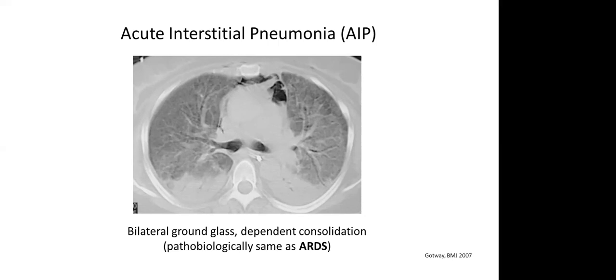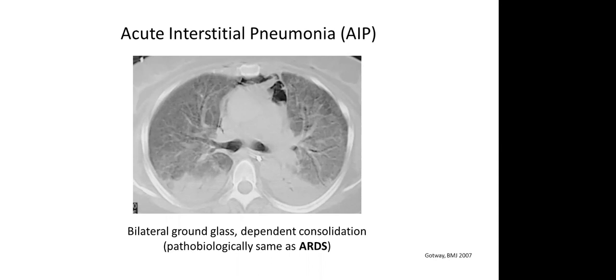So this talk focused more on chronic, outpatient ILDs. But certainly, for example, AIP is the same as ARDS. It's just that we have no idea what the cause is. With ARDS, we can usually say it's from COVID, or pancreatitis, or pneumonia. AIP is basically ARDS, but where we can't identify the cause.